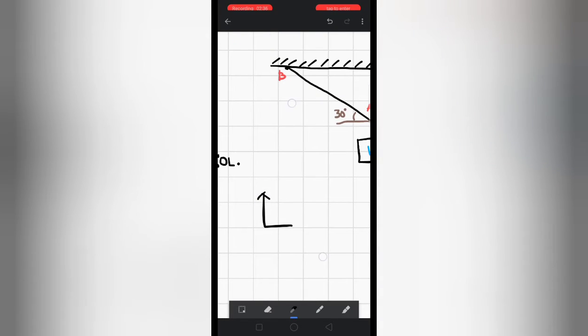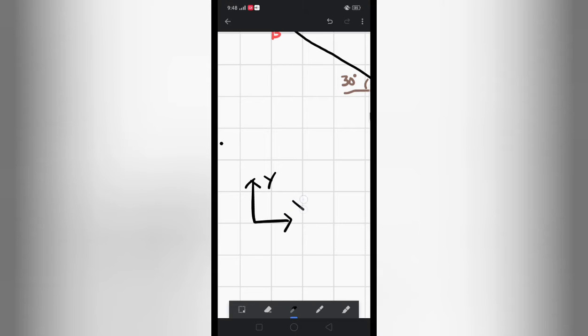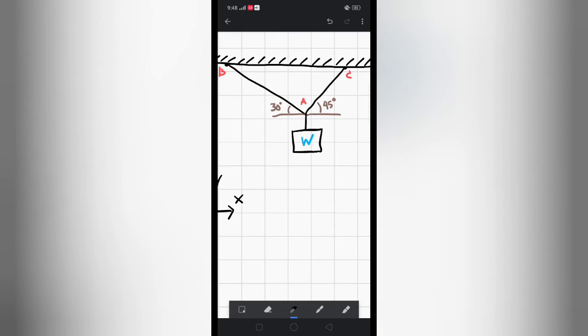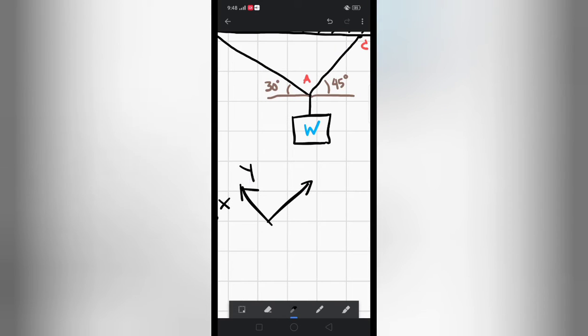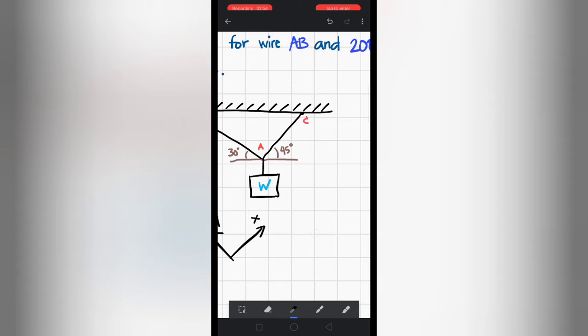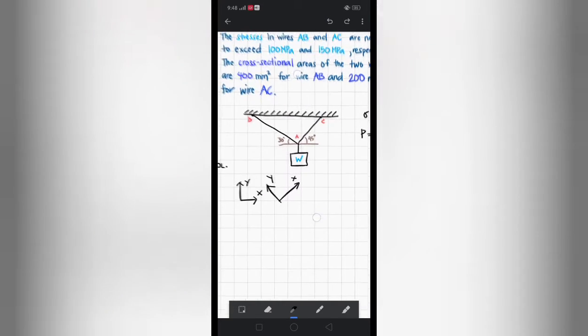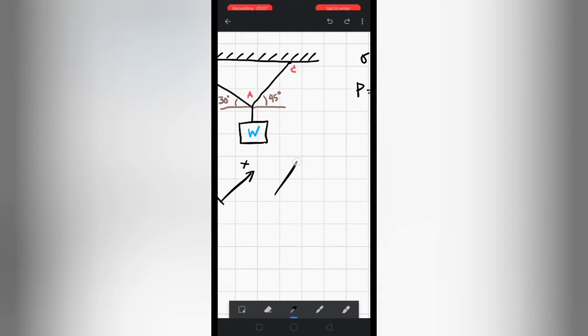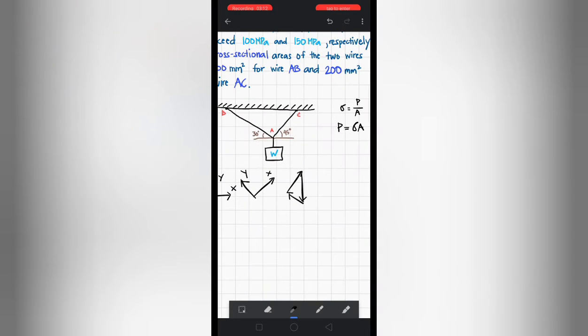Either we do it by summing the forces in the X and Y direction and then equate it to 0 to find the force AB or force AC, or we can tilt the axis parallel to one force here, for example AC, in order to cancel out some unknowns for the solution to become shorter. Or the third option is we have to draw a force triangle.